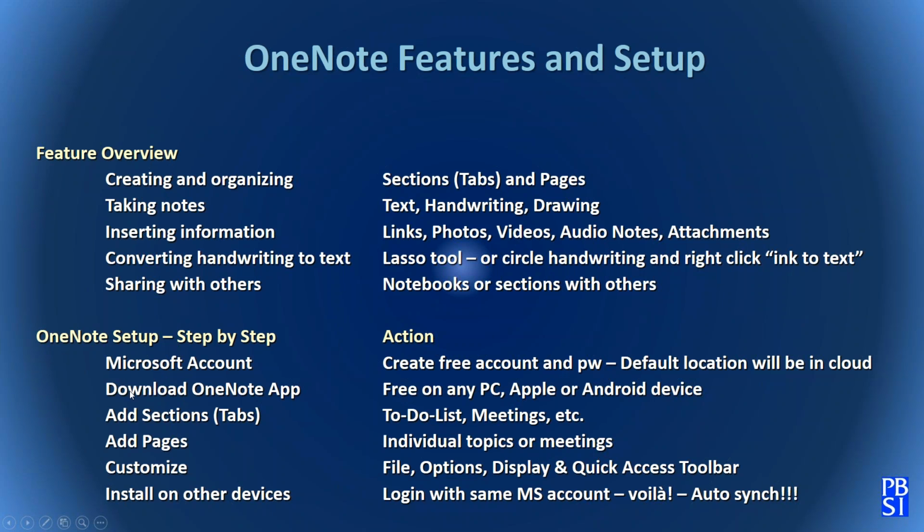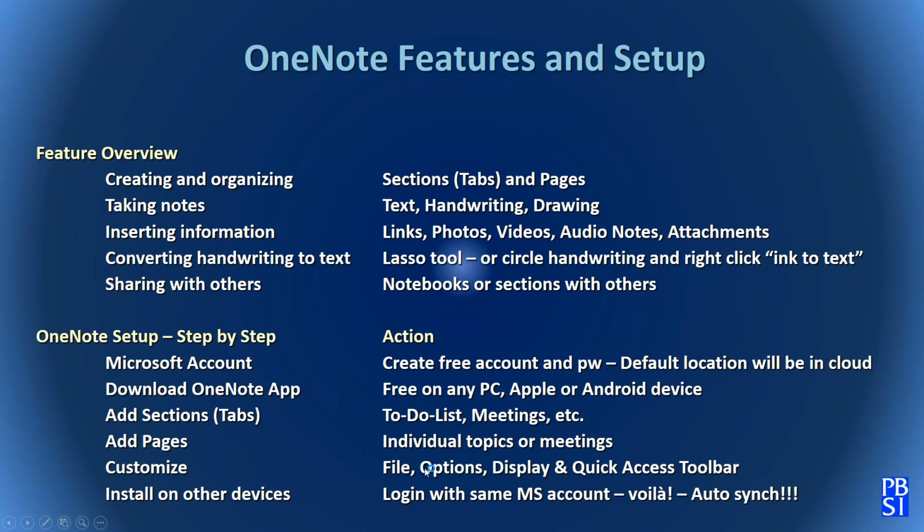Once you've done that, then download OneNote. It's free on a PC, on a tablet, on Apple products, iPhones. It's free. Download the app and simply log in with your Microsoft username and password, and now your OneNote is automatically synchronized. There's nothing more to it. Add a section or a tab or a page on any one of your devices, and they automatically get added to the others.